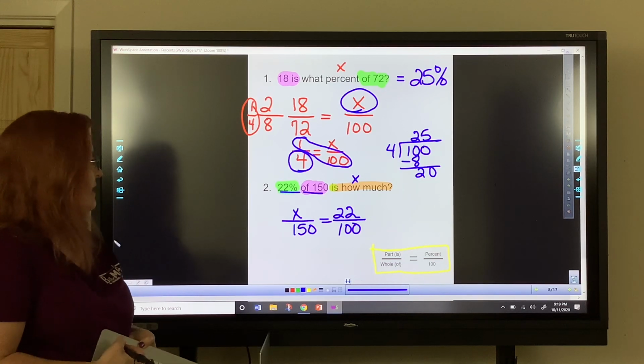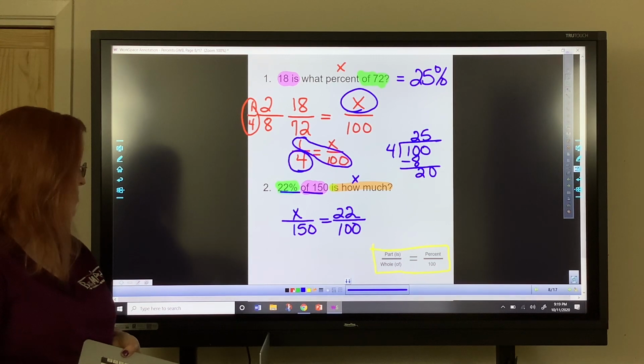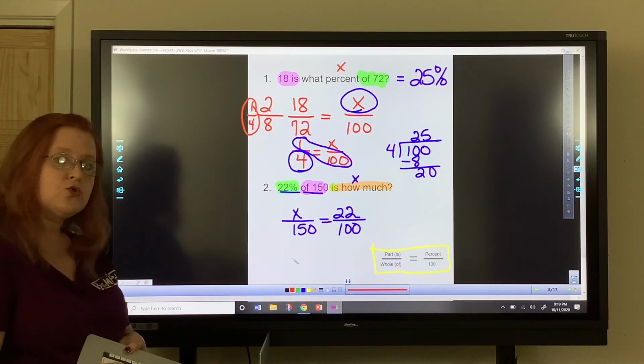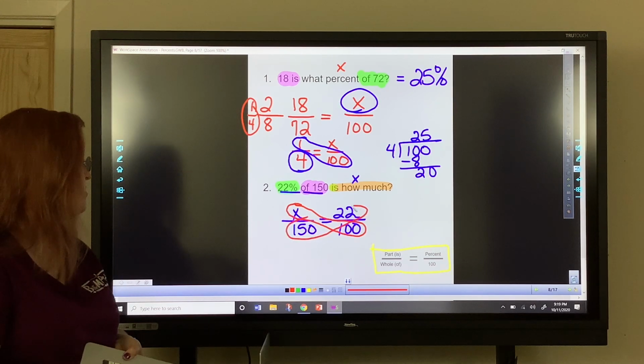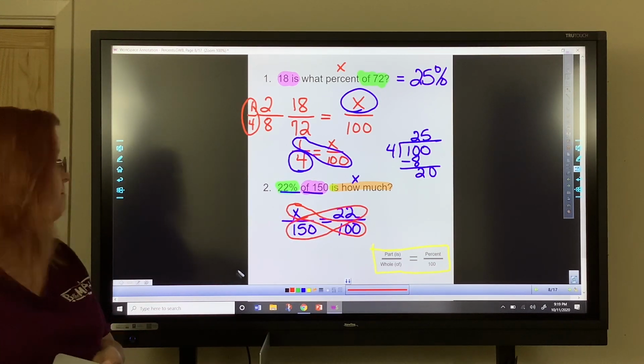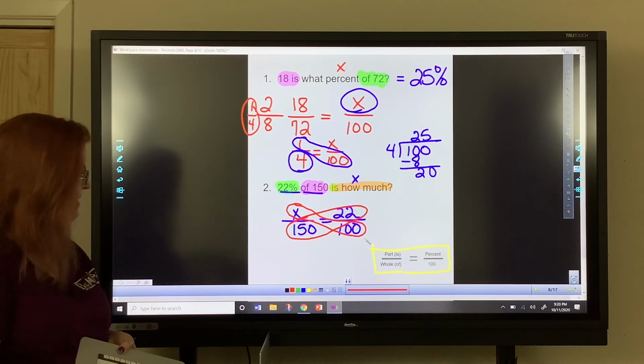Okay. So now we just need to decide what we multiply. Remember, I told you cross products. So if it helps you to circle them, go ahead and do so. The 100 goes with the variable. The 150 and 22 are together. So we multiply the numbers without the letter and divide by the number with.